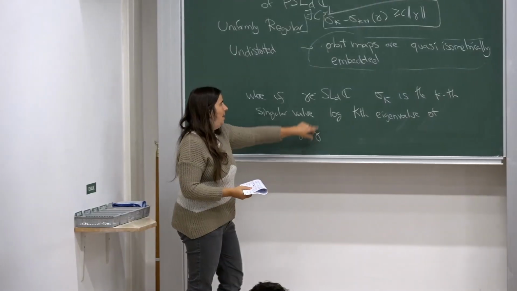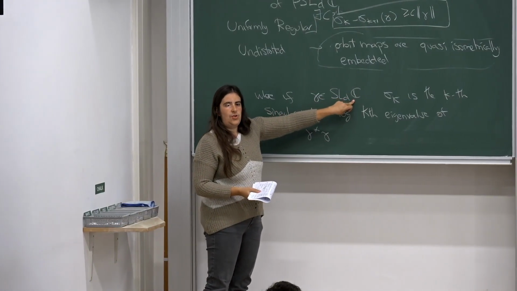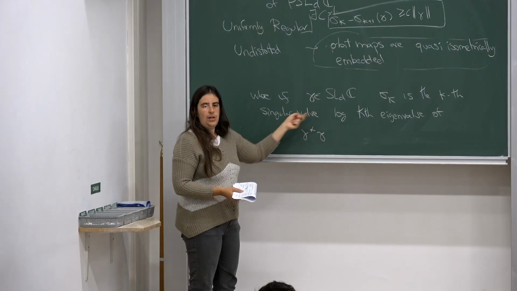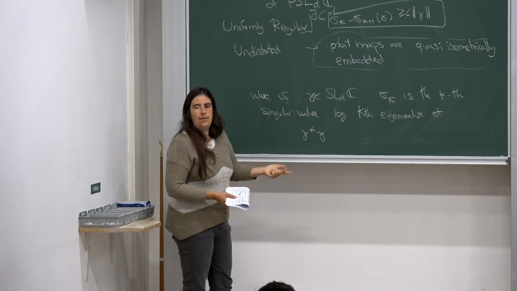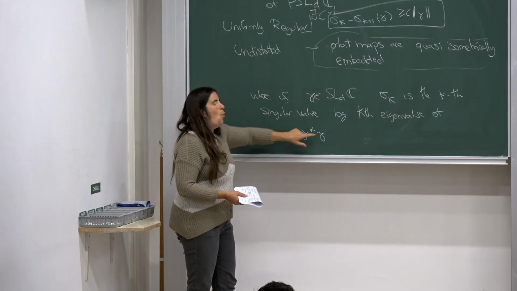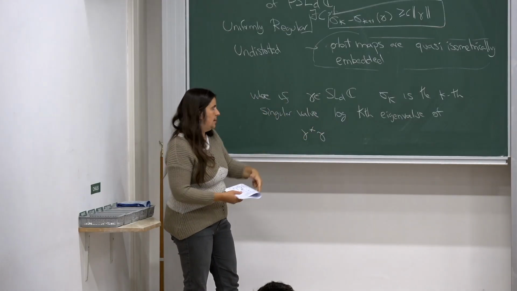Gamma is a matrix with complex entries, I can take the conjugate transpose and obtain a Hermitian matrix. This has real positive eigenvalues, and I can take their logs, and this is one measure of how big this element is.